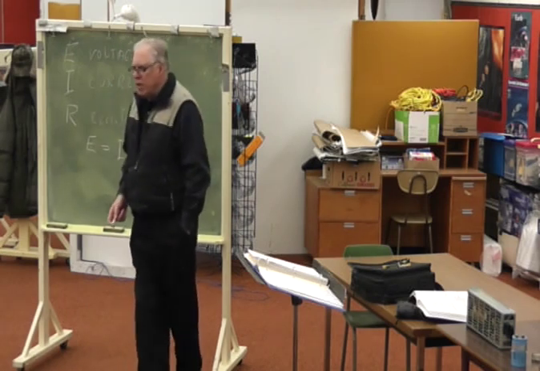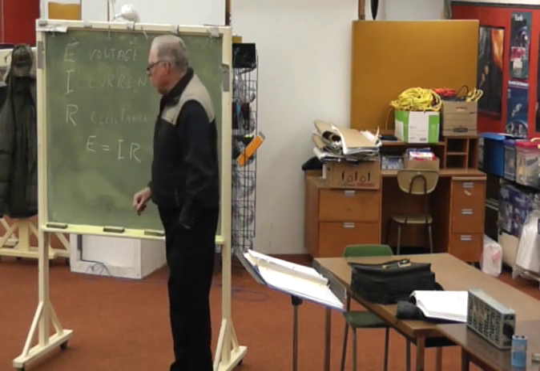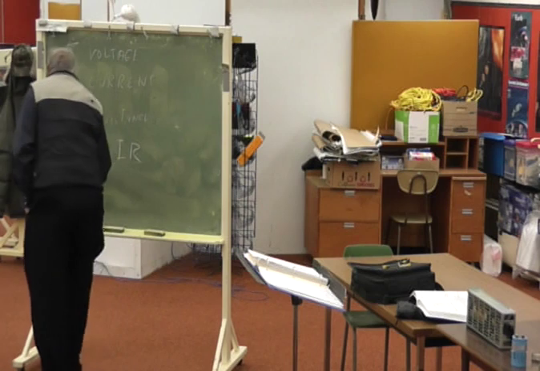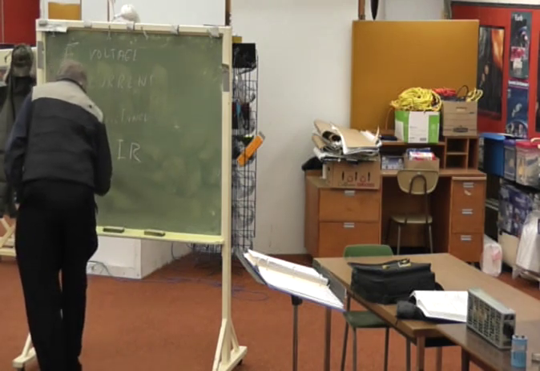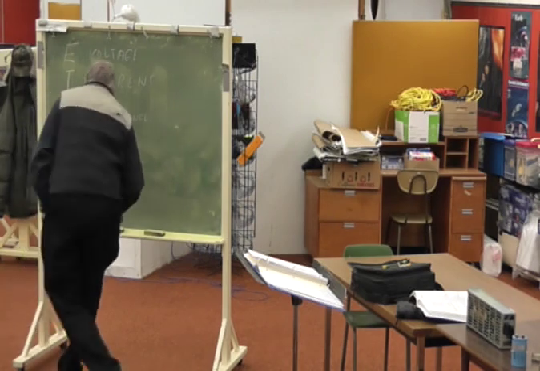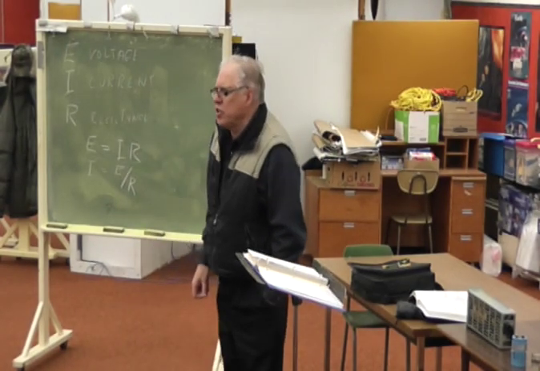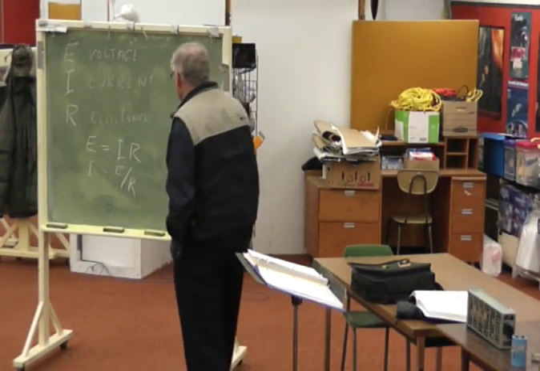It comes in a variety of forms. This is the most common, E equals I times R. Or you can switch it around a little bit. The current is equal to the voltage divided by the resistance.